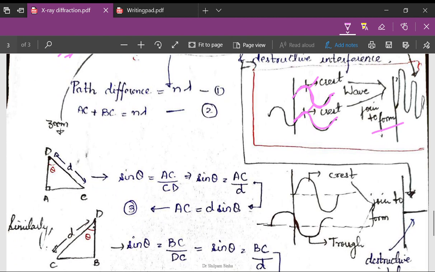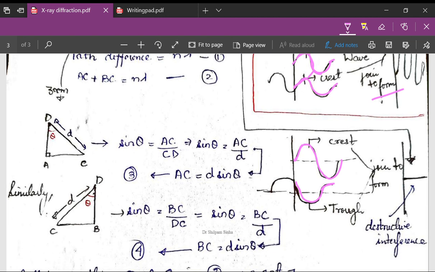While when a crest overlaps with a trough, destructive interference is formed. In constructive interference a bright pattern is shown, and in destructive interference a light pattern is shown.